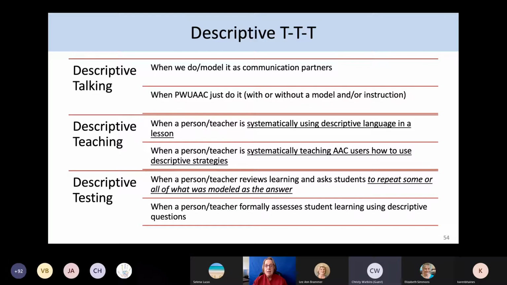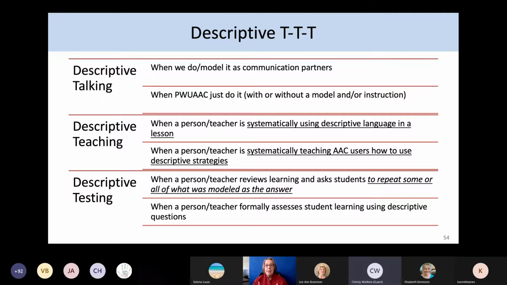So you might have the teacher or the paraprofessional or any other communication partner systematically use descriptive language in a lesson. So rather than saying, I'm going to add in all those words that we need for a specific lesson, I'm instead going to use descriptive talking or descriptive language in my lesson.